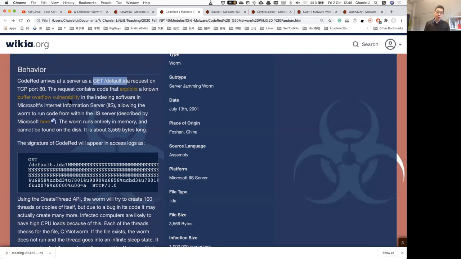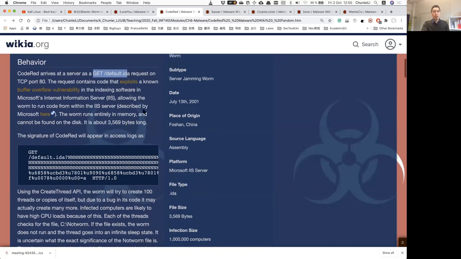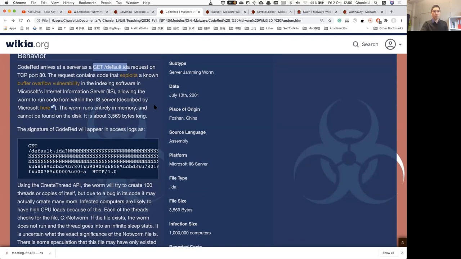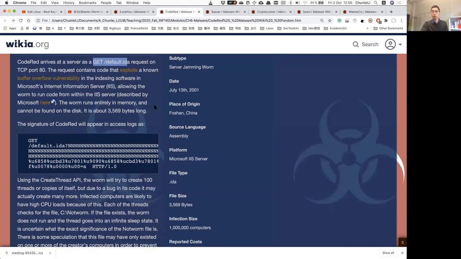We will learn this around 2 weeks later, and then you will get more idea about it. This request contains code that exploits a buffer overflow vulnerability in the software in Microsoft Internet Information Server. That's the server for Microsoft and for many Windows systems.